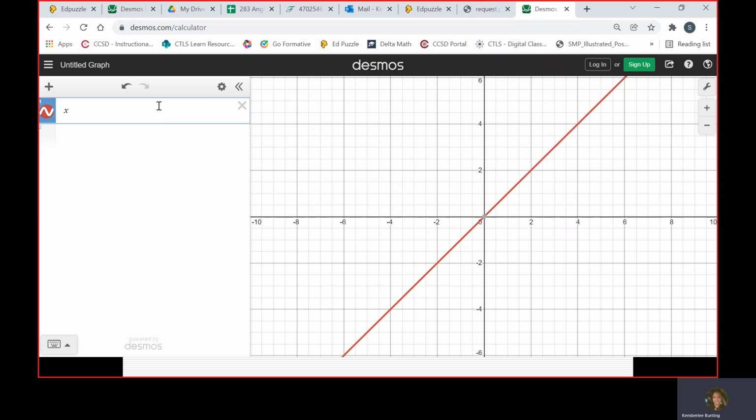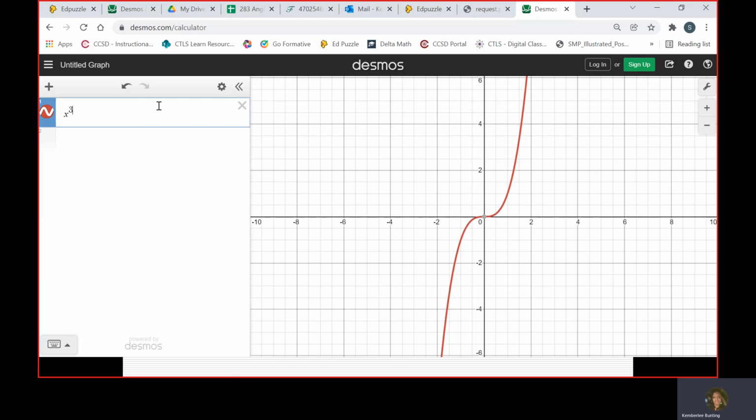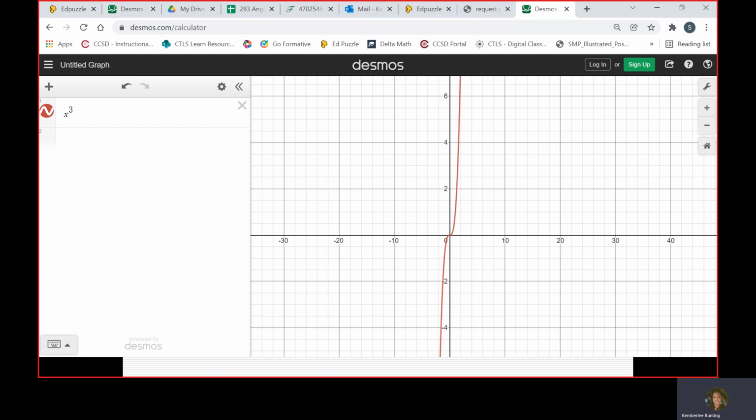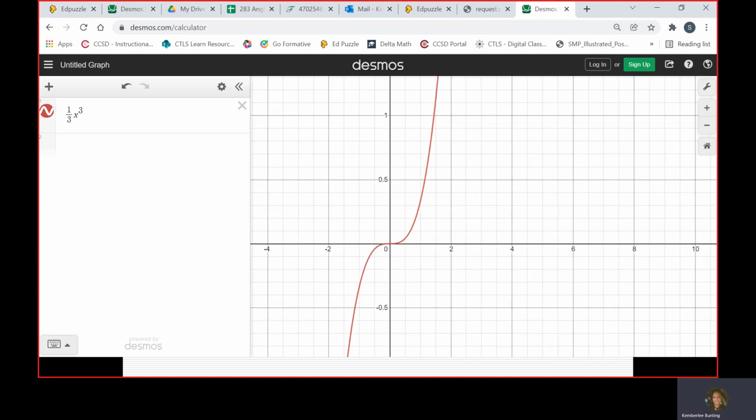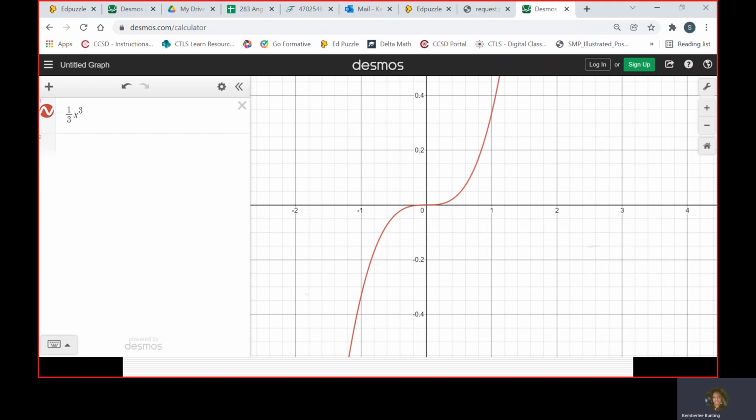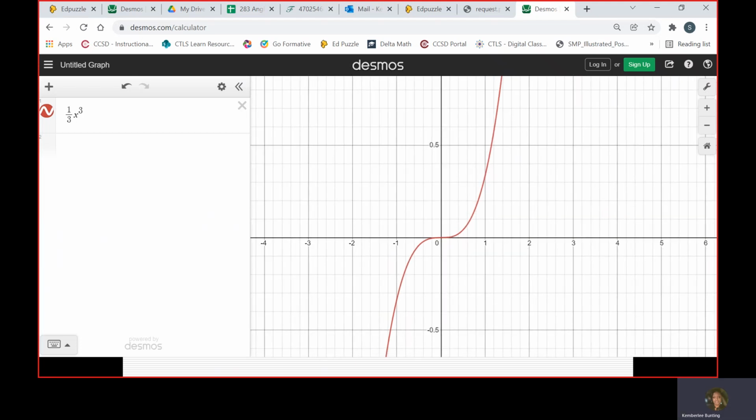I'm just gonna grab good old fashioned x cubed. Can y'all see that? It's a good old fashioned x cubed function.